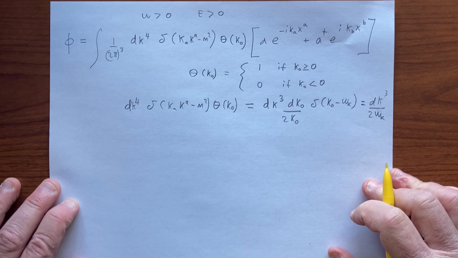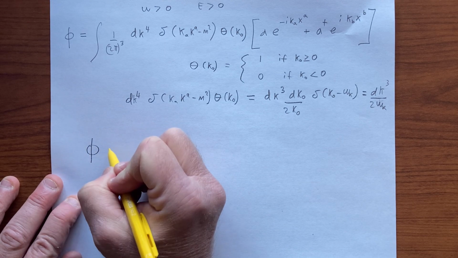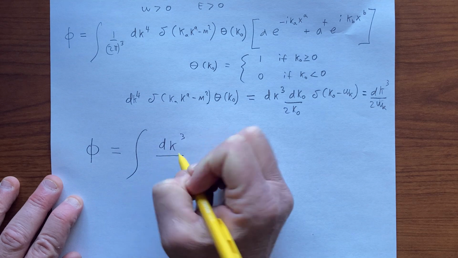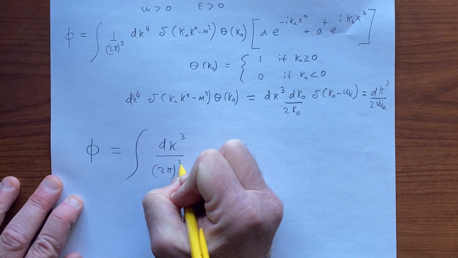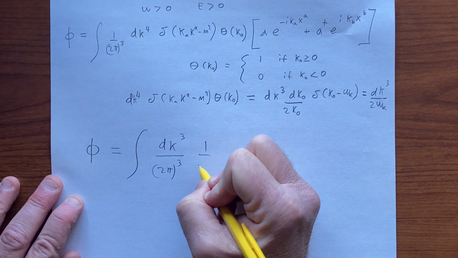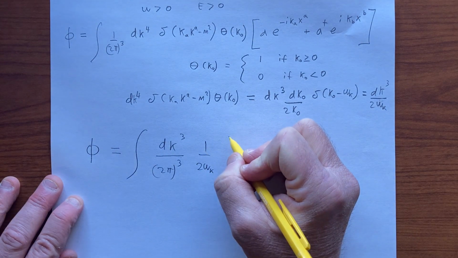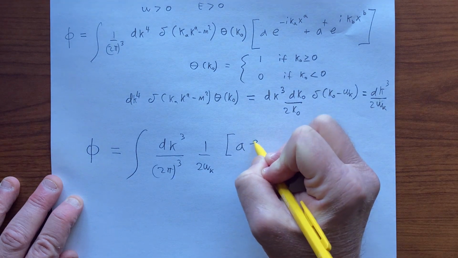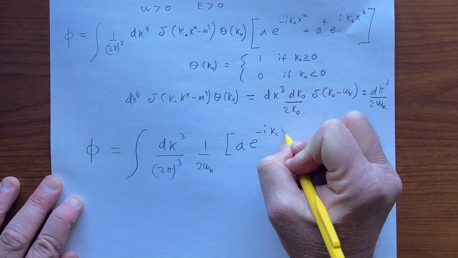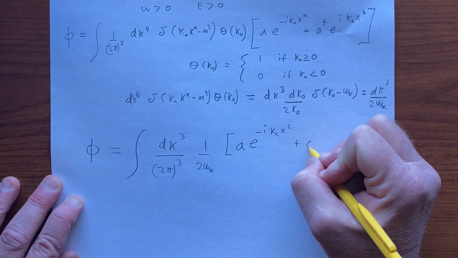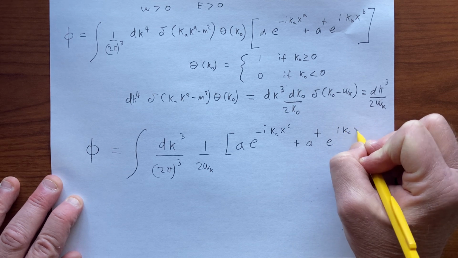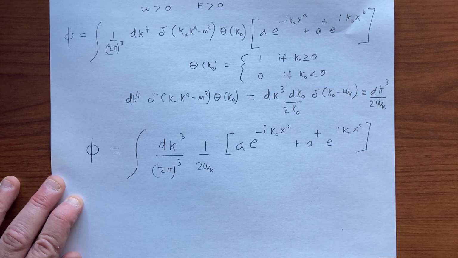And so the solution looks like d^3k over (2 pi)^3, 1 over 2 omega k, a e to the minus i k_a x^a plus a cross e to the i k_a x^a.